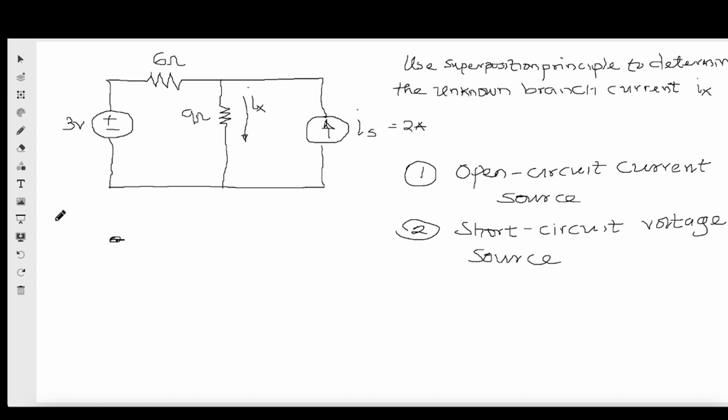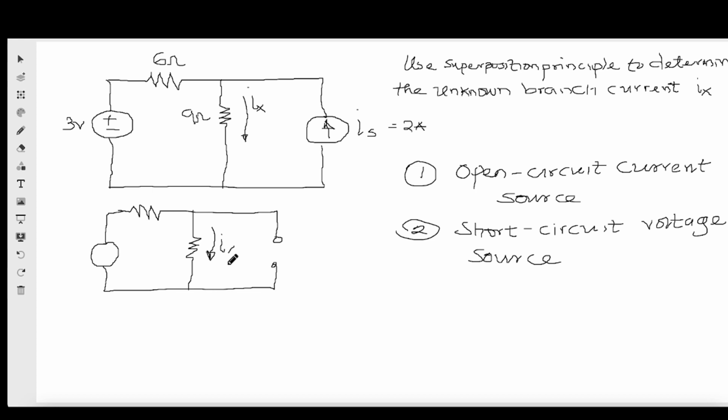So let's draw the circuit now. So the current here, we'll say it is Ix prime, because it's not the full Ix. We've removed the source, so it cannot be this Ix again, right? So 9 ohms and 6 ohms, then plus minus 3 volts.